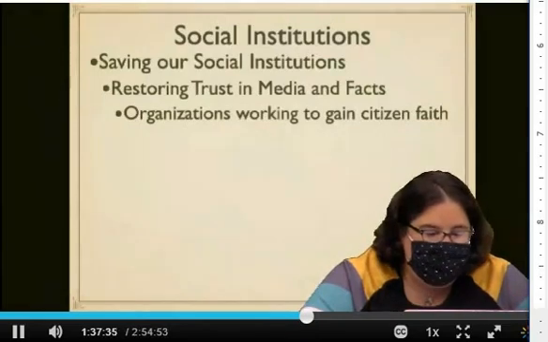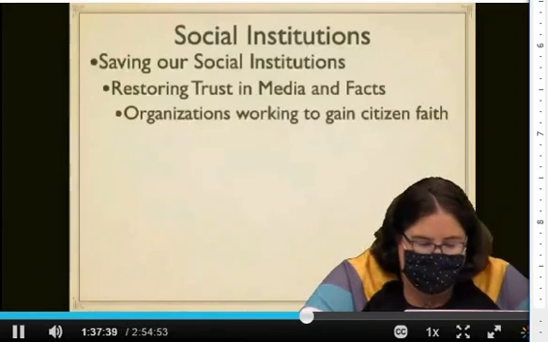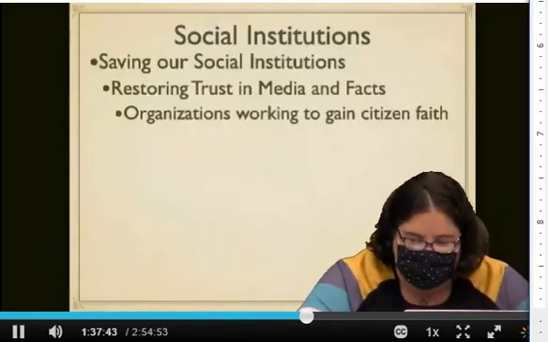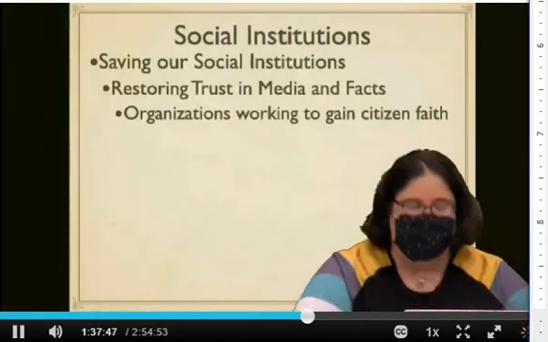So, some of them include the Trust Project, the News Integrity Initiative, the Trust in News Initiative, NewsGuard, and the Journalism Trust Initiative. I had to look them all up.